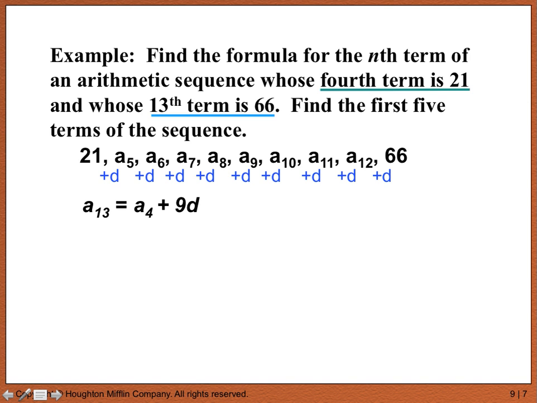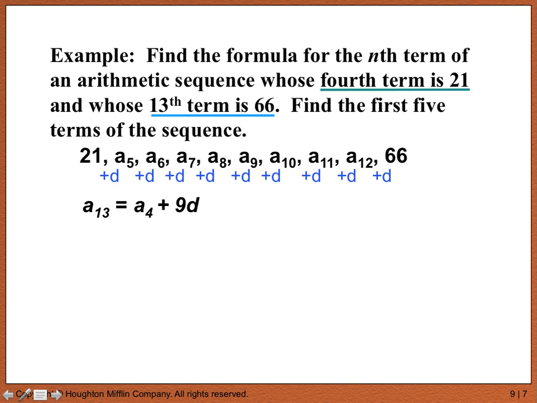And then I can come up with this equation, which is simply that a sub 13 equals a4 plus 9d. All right, where do we get this? a sub 13 is 66, which the problem tells me. A sub 4 is 21, which the problem tells me. And where does this 9 come from?